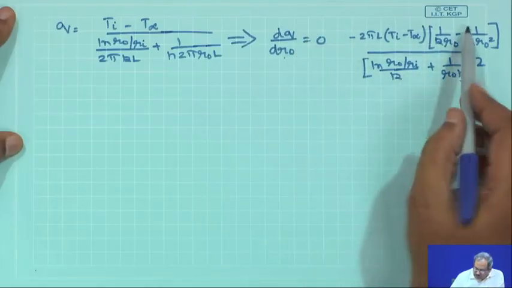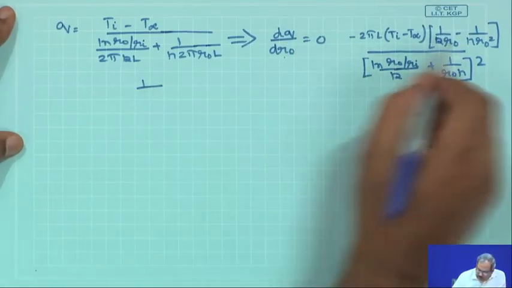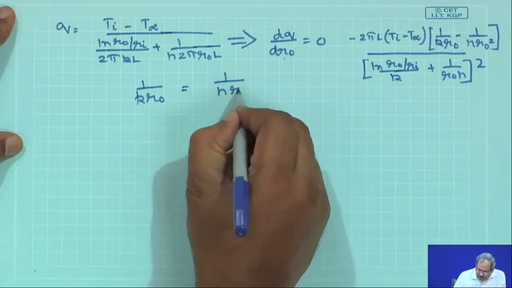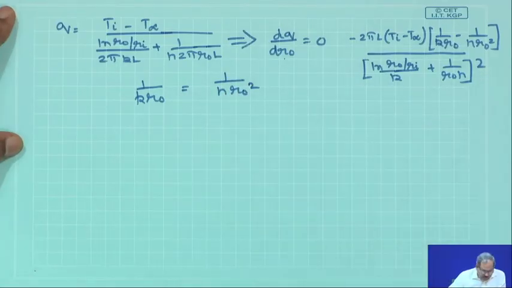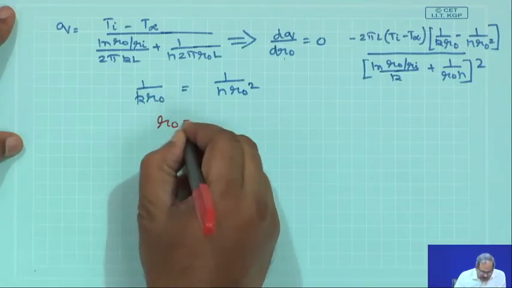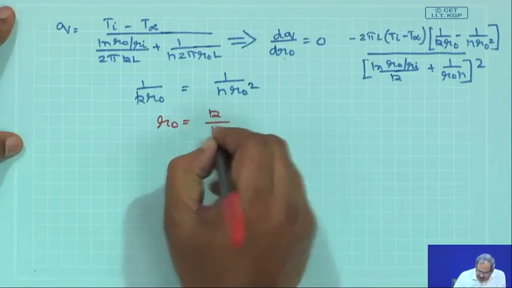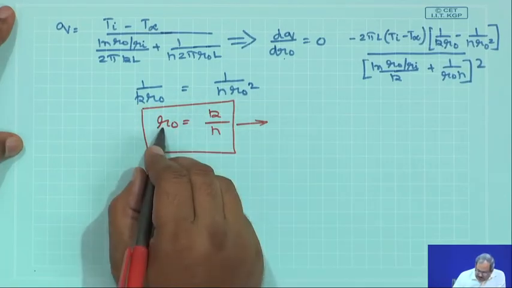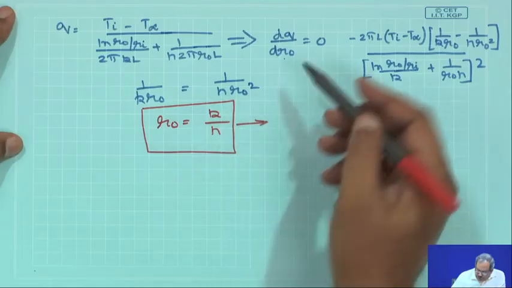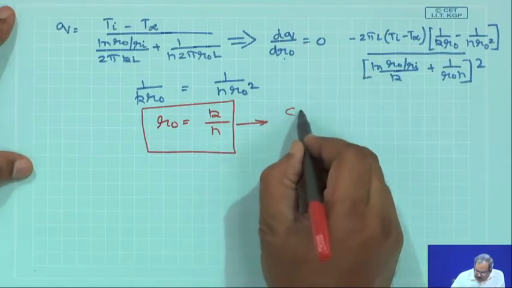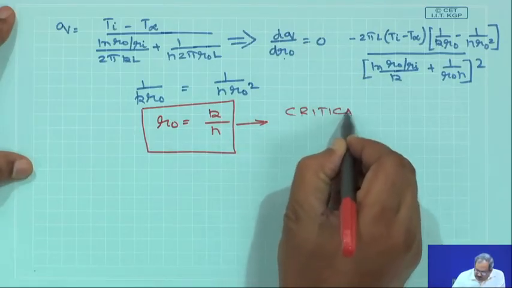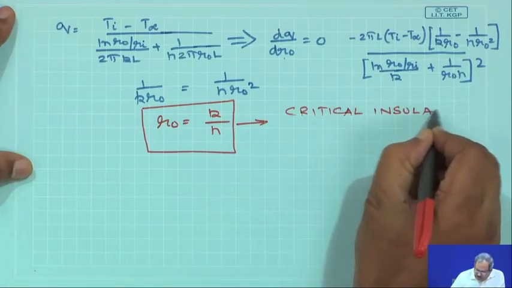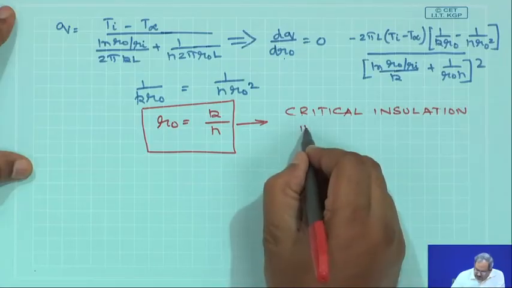So, for this to be 0, 1 by k r 0 must be equal to 1 by h r 0 square, and what you get is r 0 equal to k by h. This r 0, the thickness of the insulation which would maximize heat flow, is known as the critical insulation thickness.